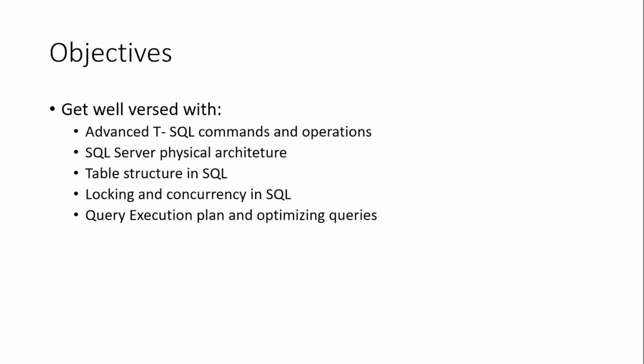Then query execution plan. Once you know the details about SQL Server internal or physical architecture, how data is being stored, how it is retrieved, and what is the expenditure approximately in terms of memory I/O, then we can start seeing how the SQL Server query optimizer optimizes the query and creates an execution plan. And within execution plan, you have components like operators.